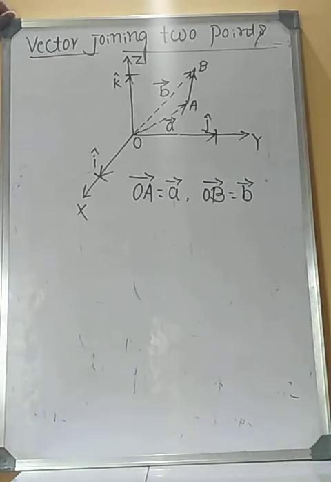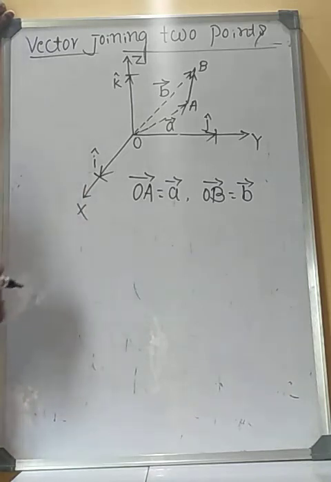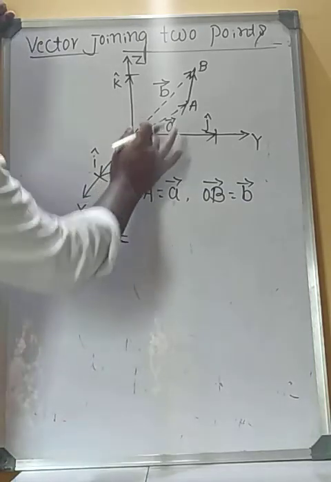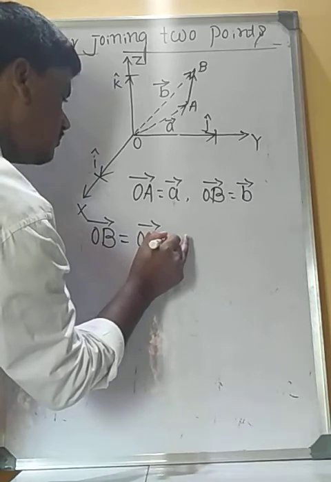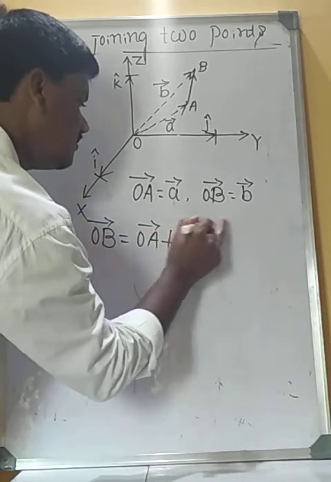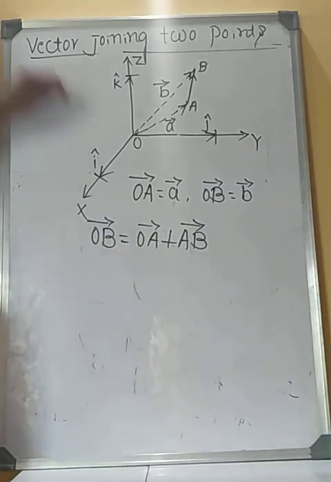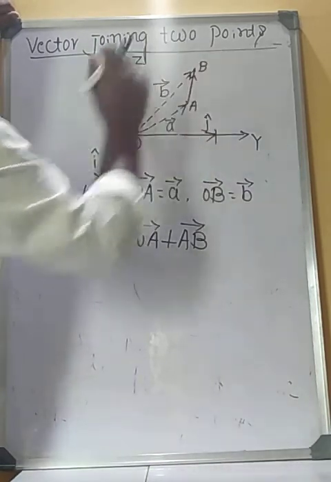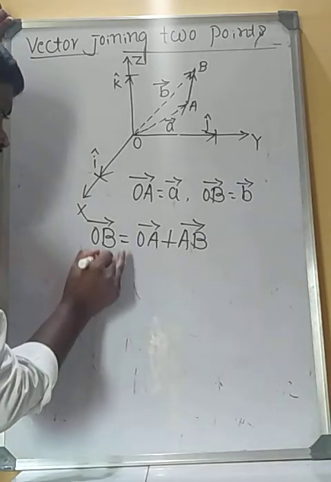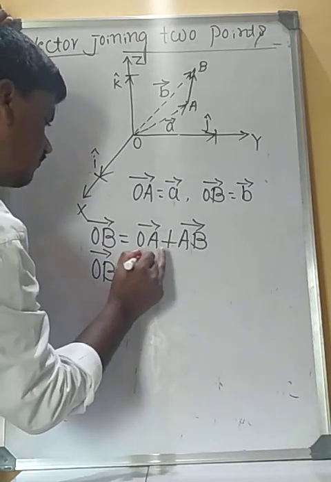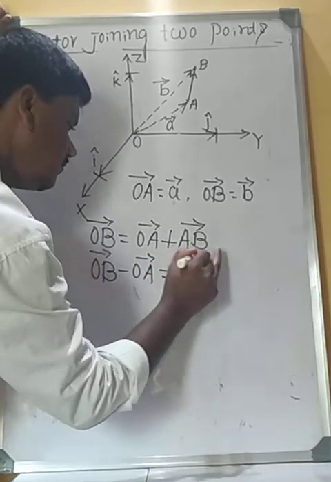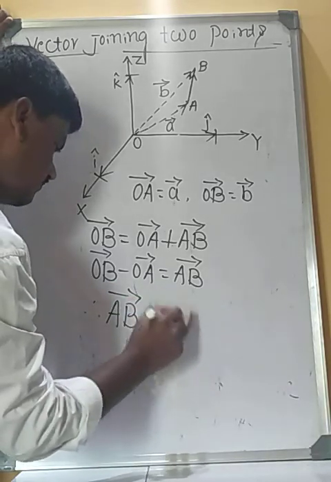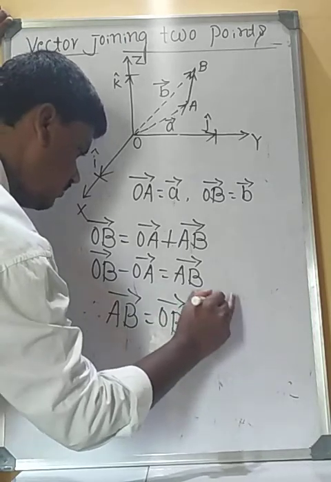Now, by the triangle law of addition, we have vector OB equal to vector OA plus vector AB. Therefore vector OB minus vector OA is equal to vector AB. So vector AB is equal to vector OB minus vector OA.